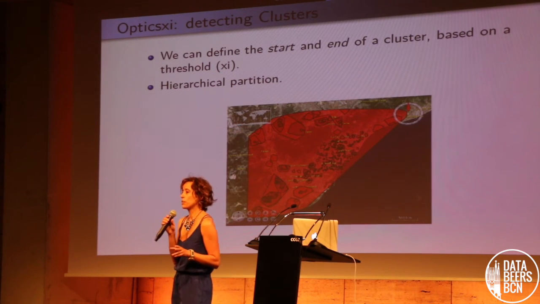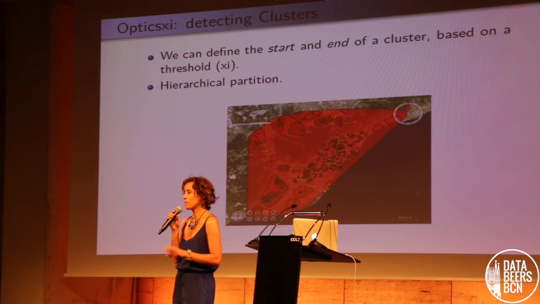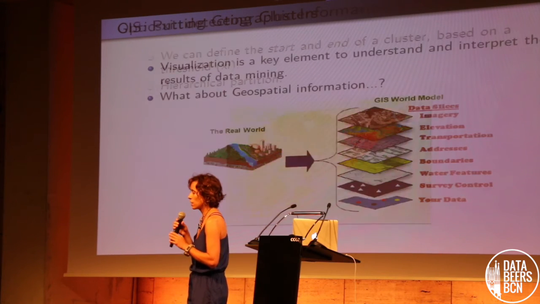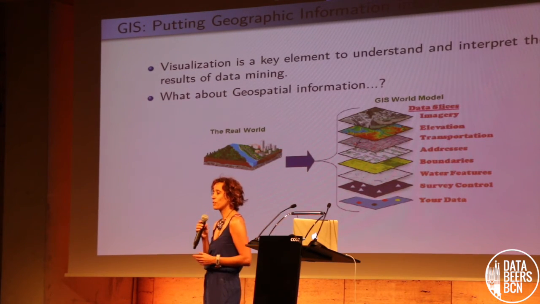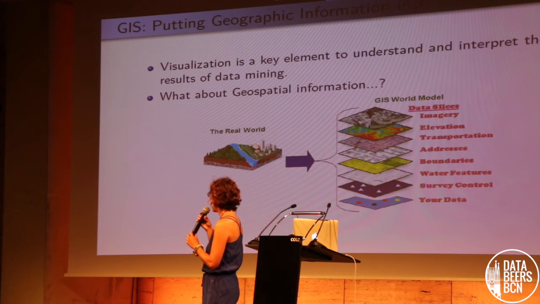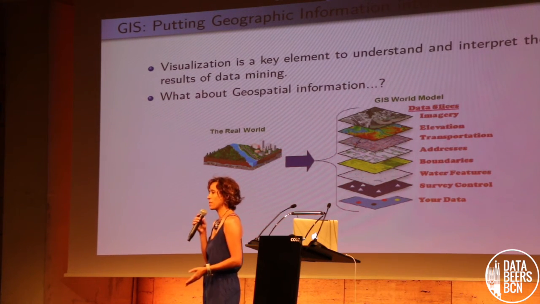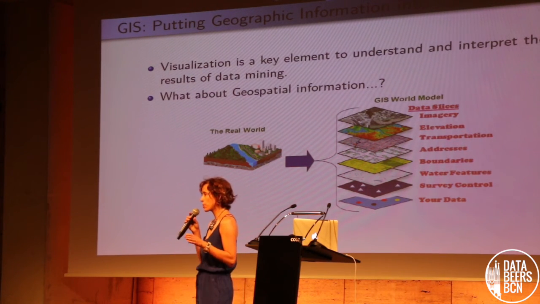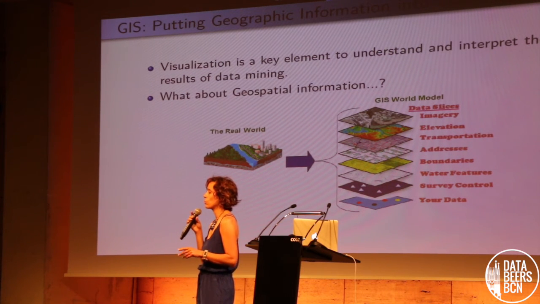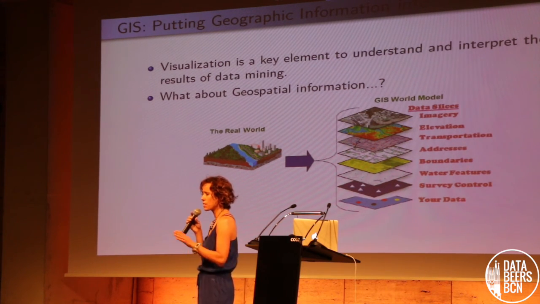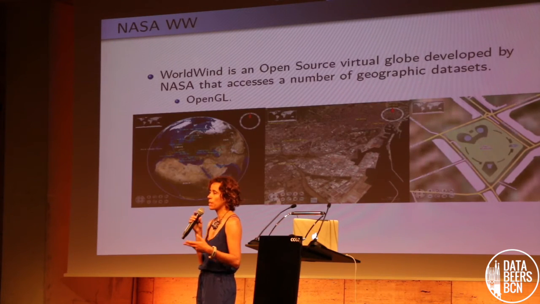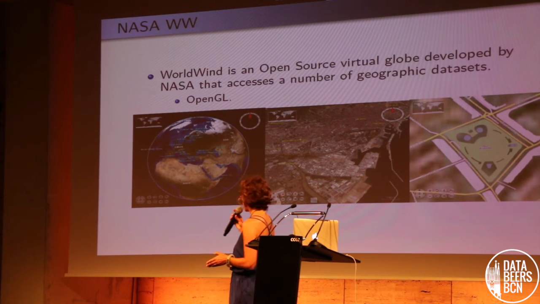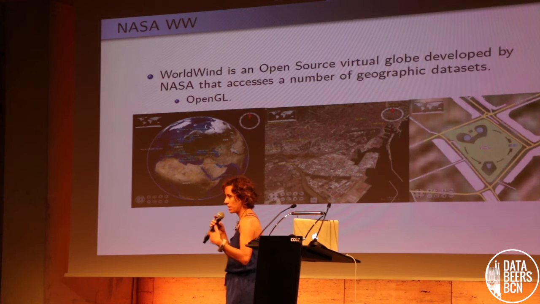Now I make a parenthesis to speak about visualization, which is something that you have seen very much in the previous slides. When we are speaking about visualization of geographic data, the privileged tool would be geographical information systems. In this project, we use an open source virtual globe, very similar to Google Earth, which is NASA Worldwind, and it allows you to access a number of geographic datasets, such as the Blue Marble imagery or OpenStreetMap, and so on.